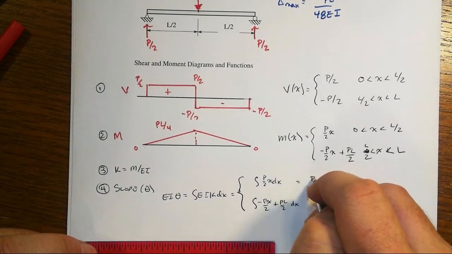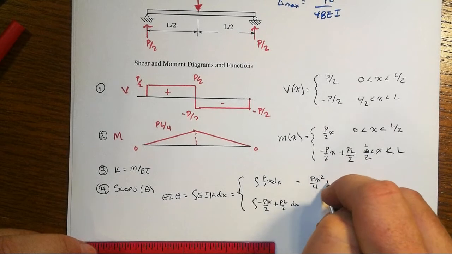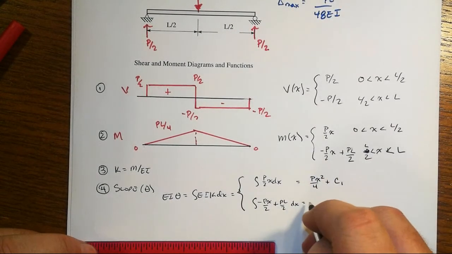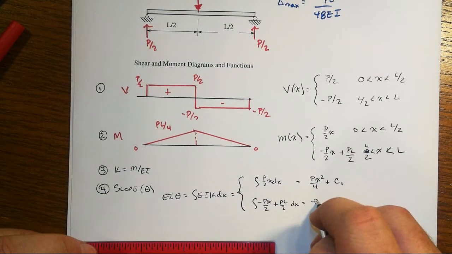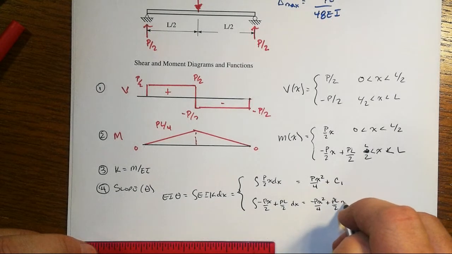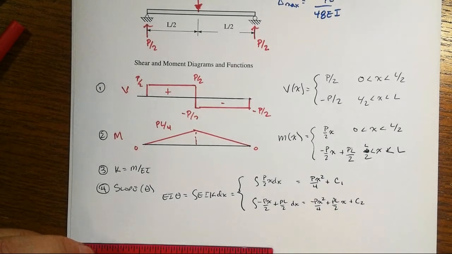The first one now becomes Px squared over 4 plus a constant, we'll call C1, and then this one is minus Px squared over 4 plus PL over 2 x plus another constant.